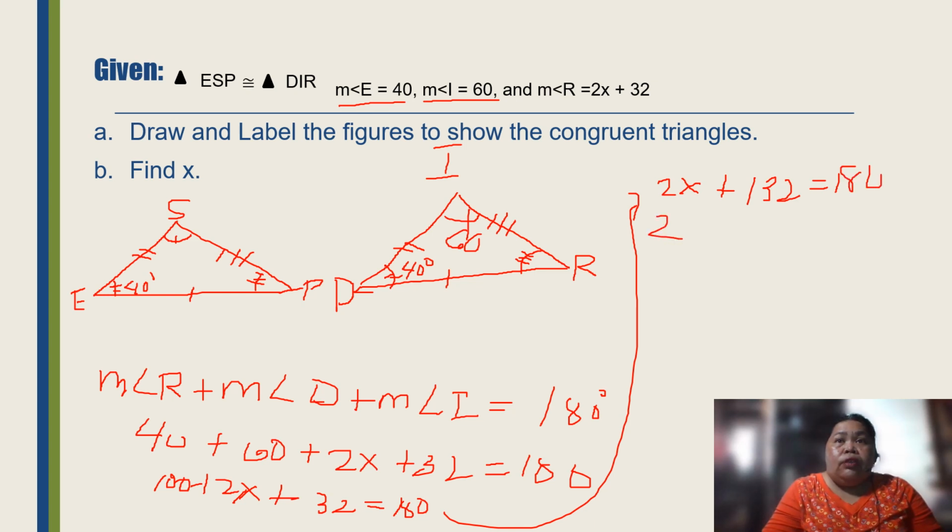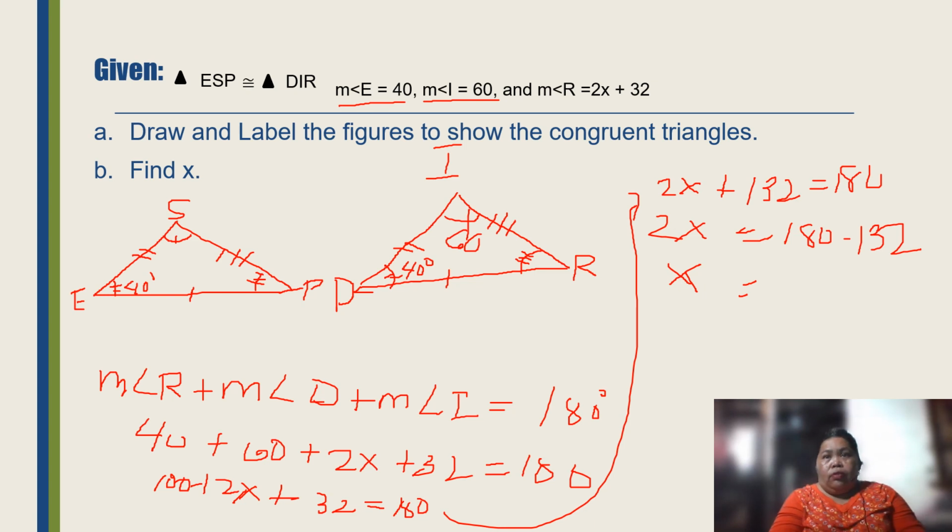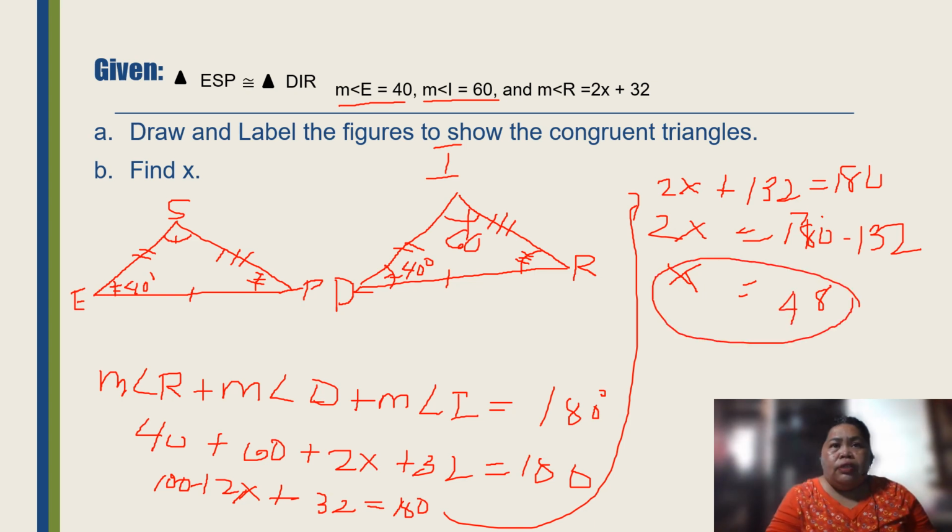So 2x is equal to 180 minus 132. 10 minus 2 is 8, this becomes 7, 7 minus 3 is 4. So 2x is 48, so x is 24.